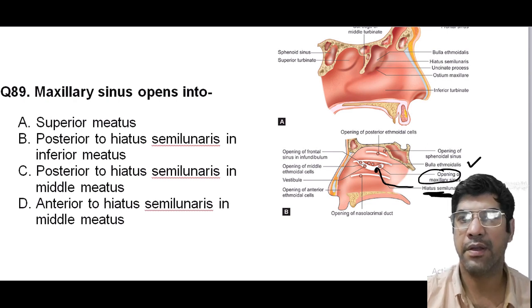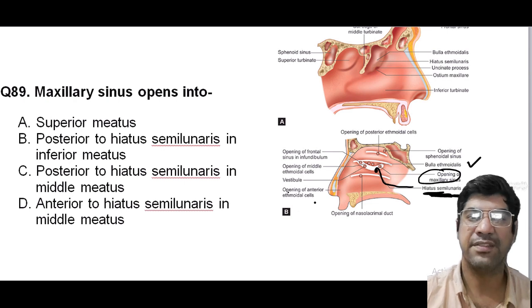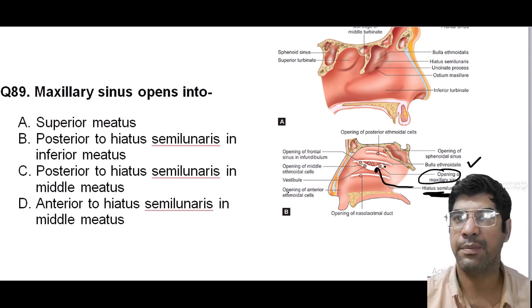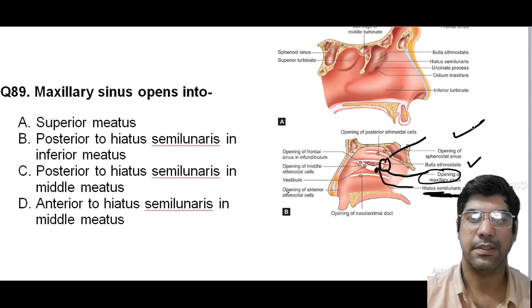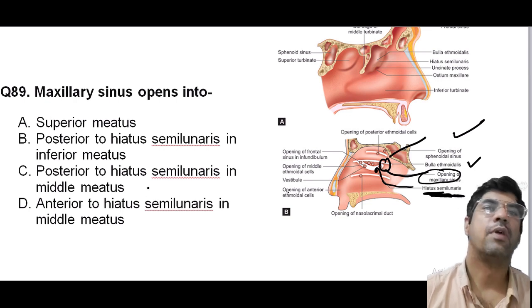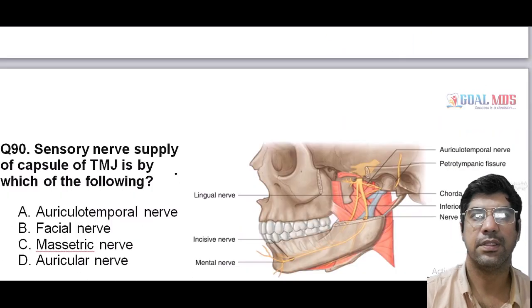Anterior to the hiatus semilunaris is where the frontal sinus opens. Posterior to the hiatus semilunaris, there is the opening of the maxillary sinus, and superior to the hiatus semilunaris, the middle ethmoid sinus opening is there. So the answer is posterior to the hiatus semilunaris in the middle meatus.